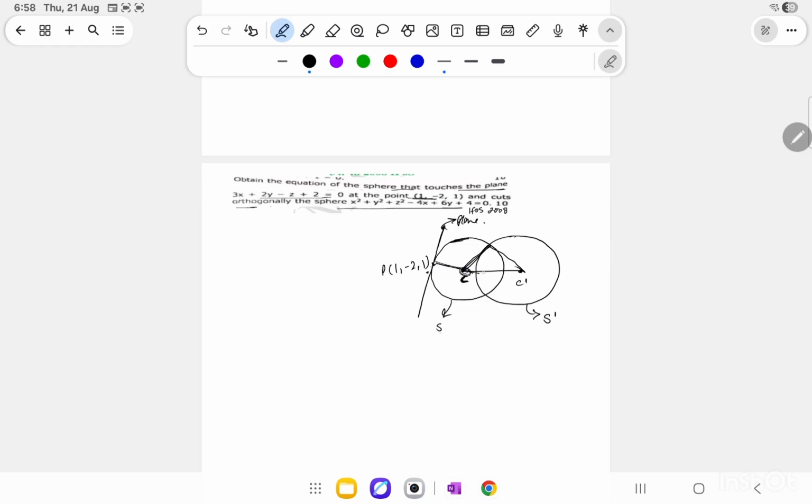Using that I can find an arbitrary equation of the sphere, and calculate its center and radius as well. Then I can use the orthogonality condition of the spheres, which is that if this is my r1 and this is my r2, then r1 square plus r2 square equals c dash square. So using that we can find the equation of the required sphere.